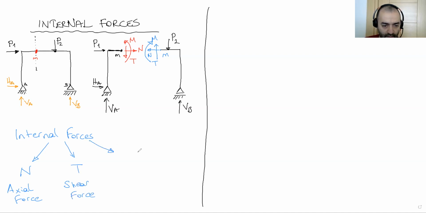And the other one is M, which is bending moment. Okay, we have 3 internal forces, and we always try to find these 3 internal forces, and we always try to draw the internal force diagrams.